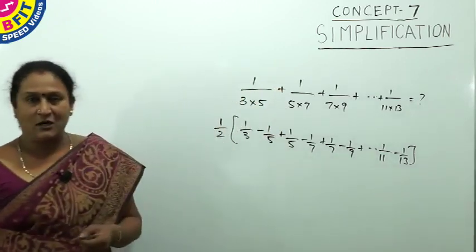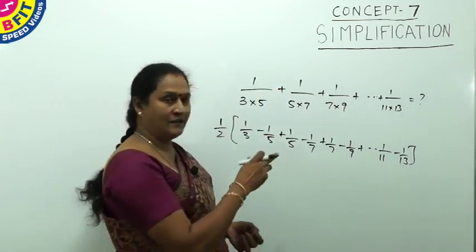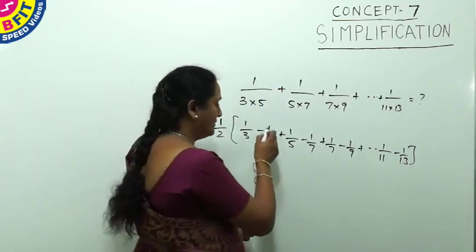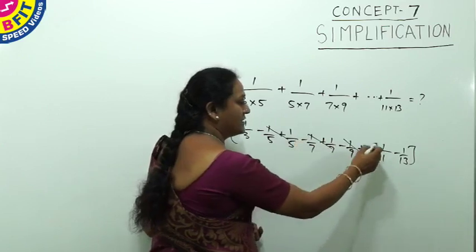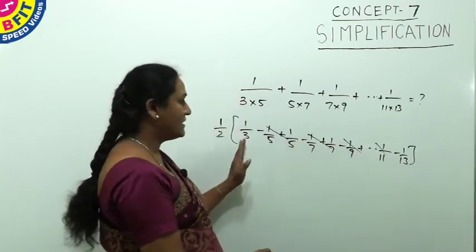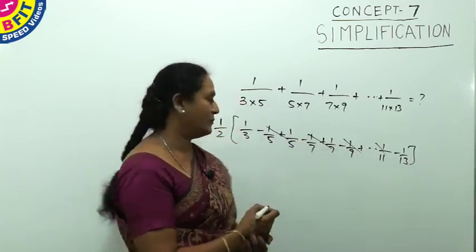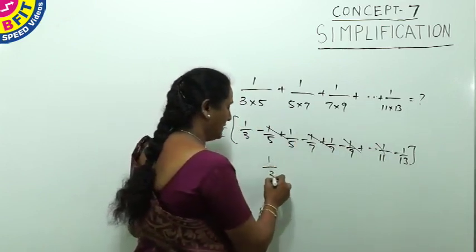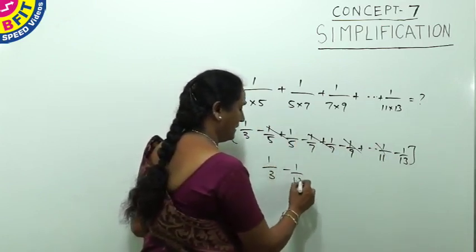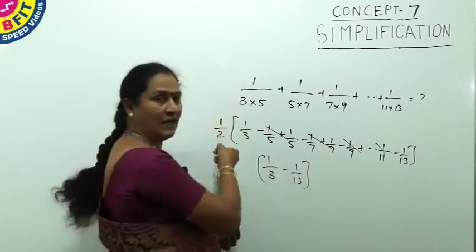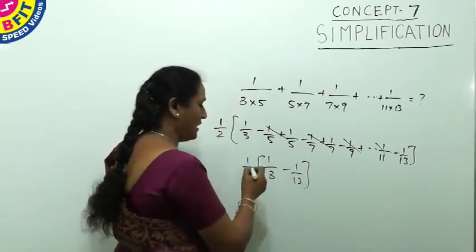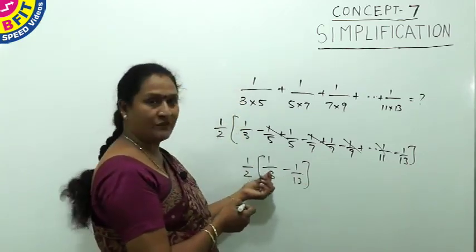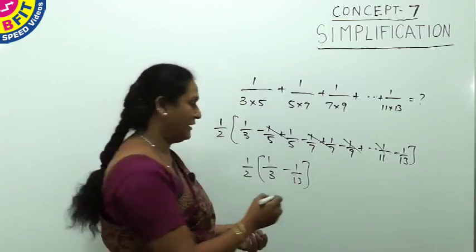When we split all these fractions and check, the adjacent fractions get cancelled. Only the first and the last fraction will remain. So it is 1 by 3 minus 1 by 13, and then we have this 1 by 2 outside. Now what is the difference of the fractions 1 by 3 and 1 by 13?